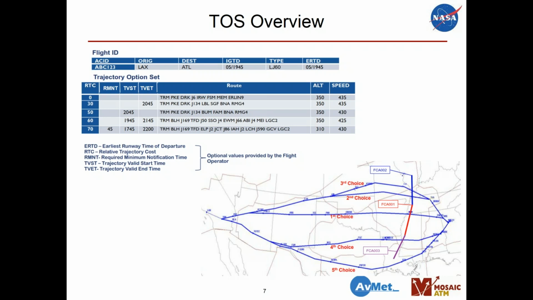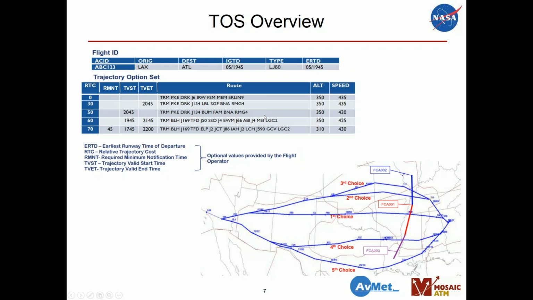At this point, you can see that there is a list of different flight routes, and then we have a map depiction showing what, if you will, the first choice, second choice, third choice of each of those routes would be. And the routes are designed to go through one of the FCAs or a different FCA, where those FCAs may receive different rate controls.